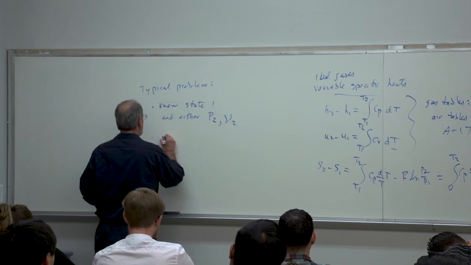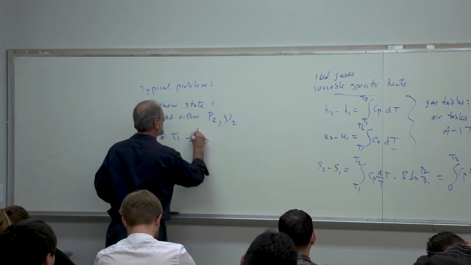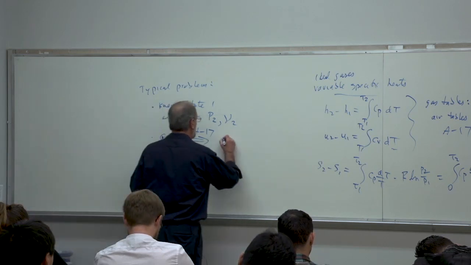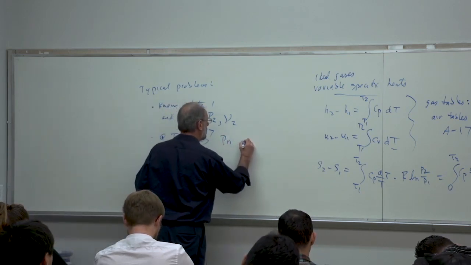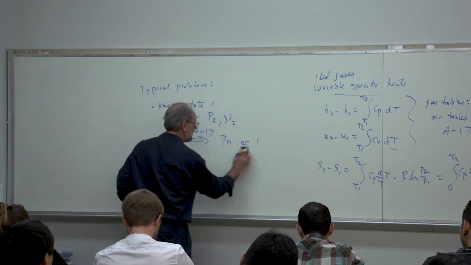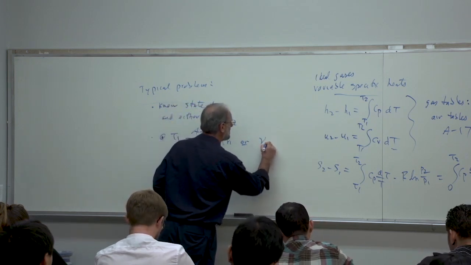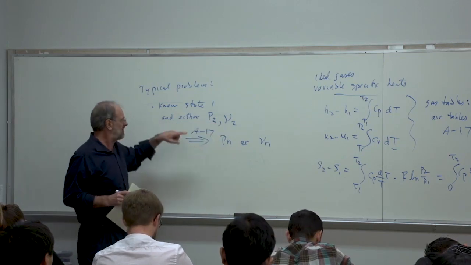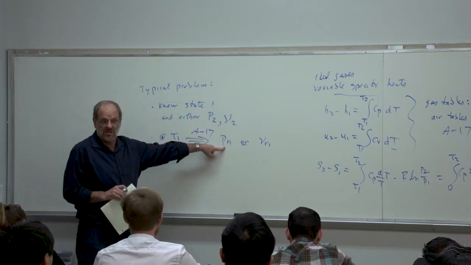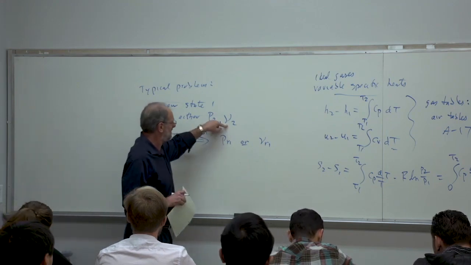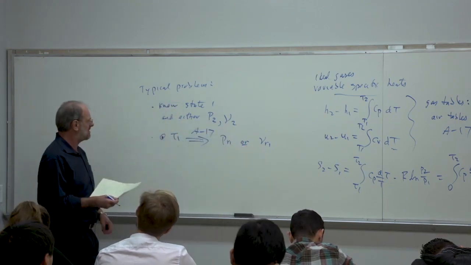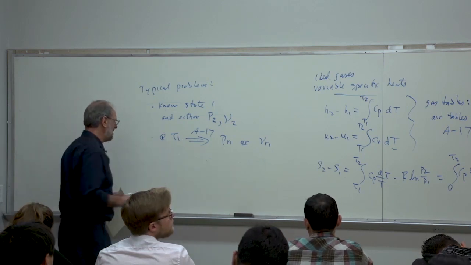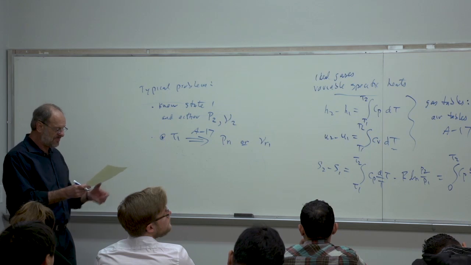Now we would note that at T1, we simply go into table A17 and we can look up Pr1 or vr1. We're not going to do both. It really depends on whether we know the final pressure or the final specific volume. If we know the final pressure, we're going to be interested in using the relative pressure. If we know the final specific volume, then we're going to be interested in using the relative specific volume. So we're going to go into the table at T1 and find the relative pressure at that point 1.